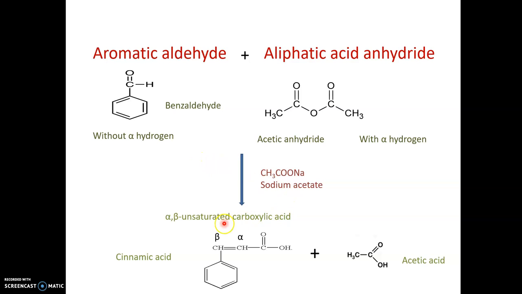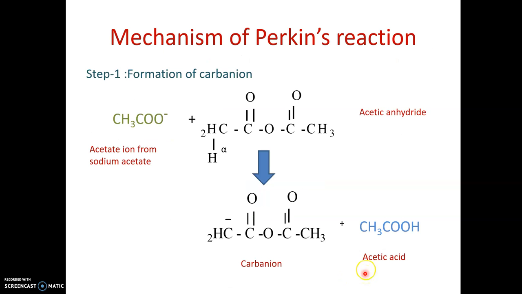With this we get an alpha beta unsaturated carboxylic acid. Since the double bond is between the alpha and the beta carbons, we call it an alpha beta unsaturated carboxylic acid. Here it is cinnamic acid, and the other product we get is acetic acid.